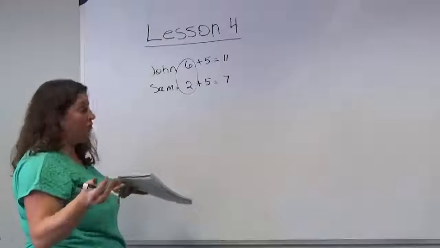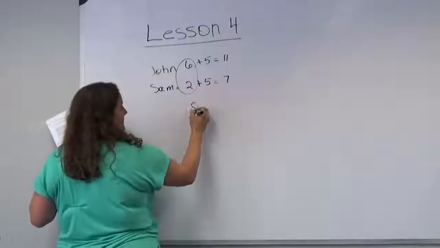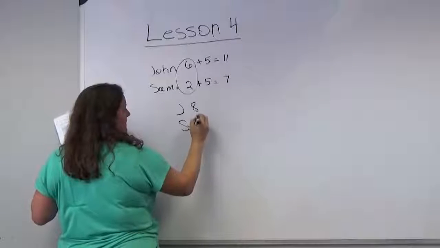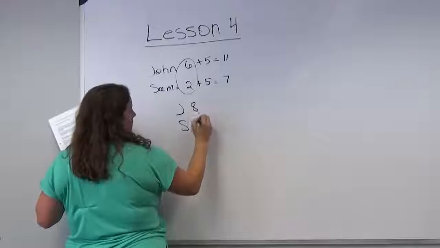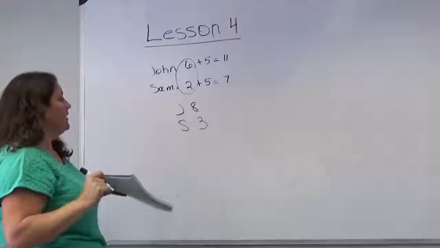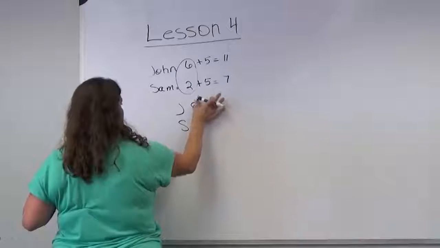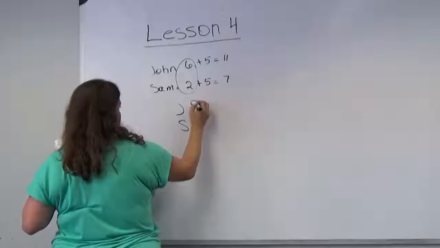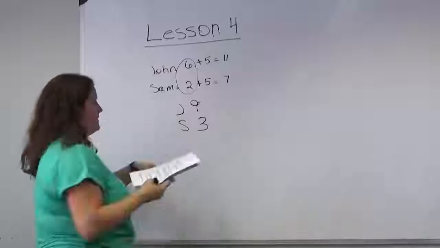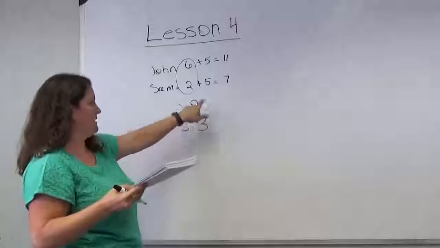So then you would go back to the drawing board. Now I'll say, let's say John is 9, sorry, and Sam is 3, because 3 times 3 is 9.